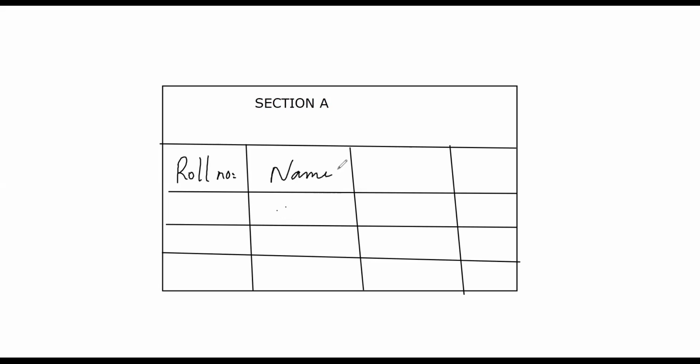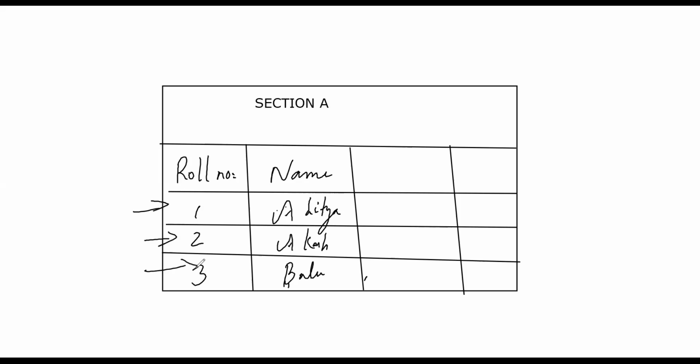Roll number, name, and so on. So roll number 1, 2, 3. Name: Aditya, then I'll put Akash, then I'll put B for Balu. Am I writing here again roll number? No, right.